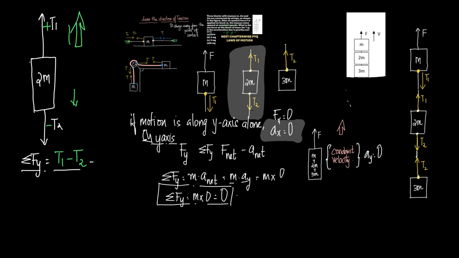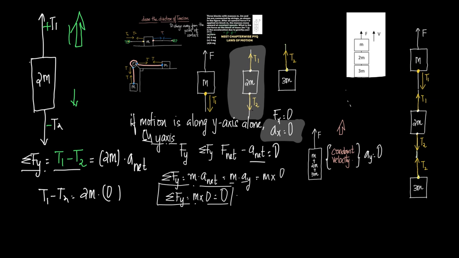Now, what would be the acceleration? This will be equal to mass into acceleration, which is 2m into A net, since all the bodies will have the same acceleration, right? So we have T1 minus T2 is equal to 2m into A net. We derived it. A net is equal to 0.